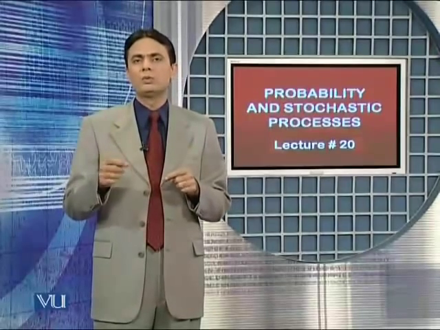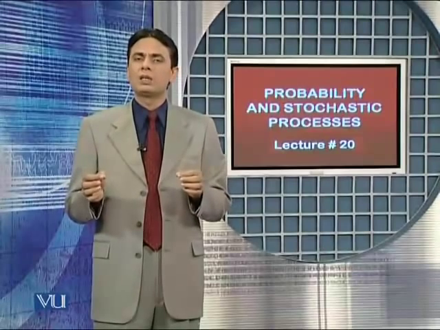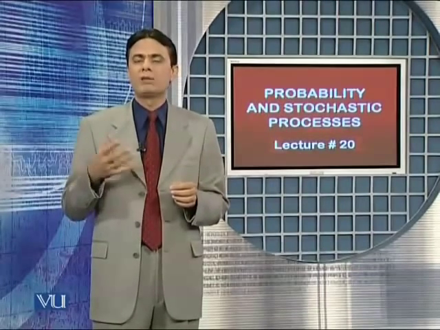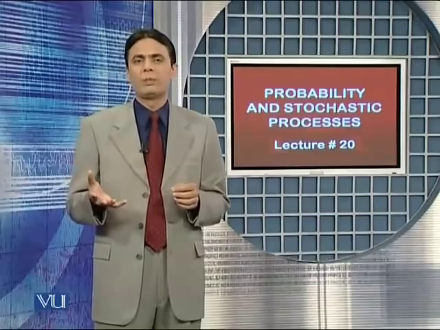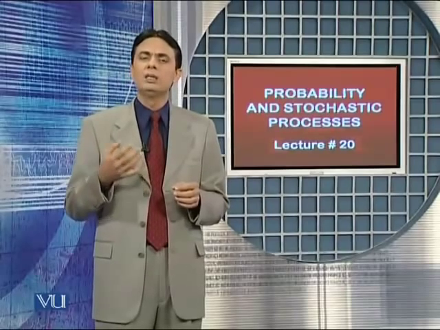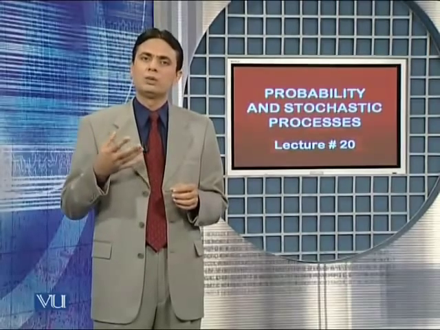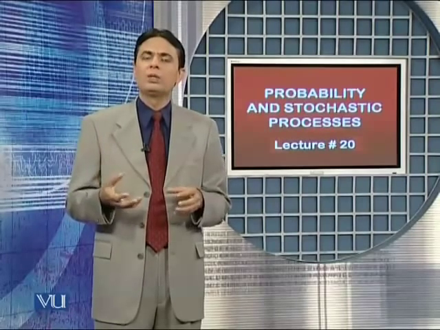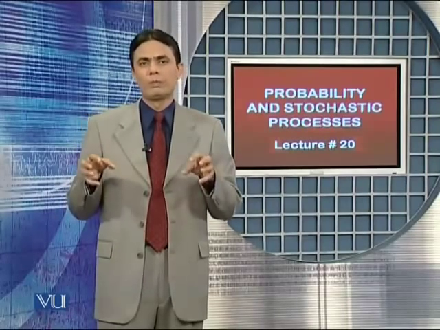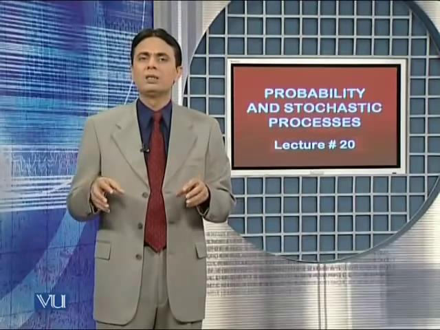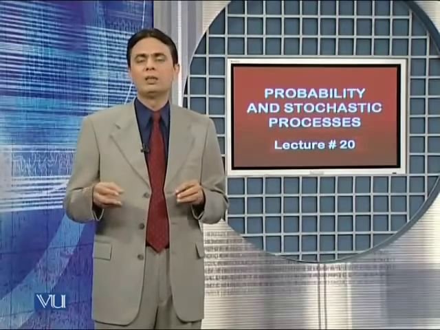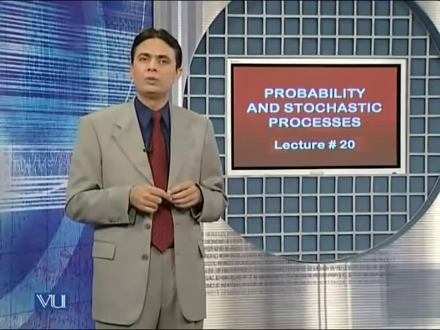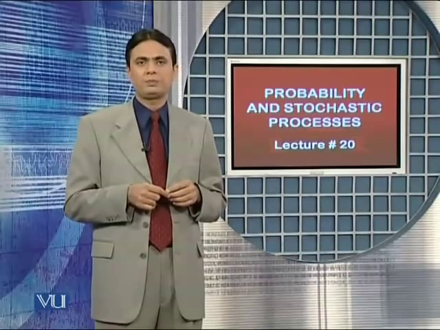For this particular case, the joint PDF is divided into 4 regions. 2 regions contribute positively and 2 regions contribute negatively towards the evaluation of covariance. And as you can see, the covariance comes out to be a negative number, minus 50/81, because the contribution of the 2 negative parts is slightly more dominant than the contribution of the 2 positive parts.